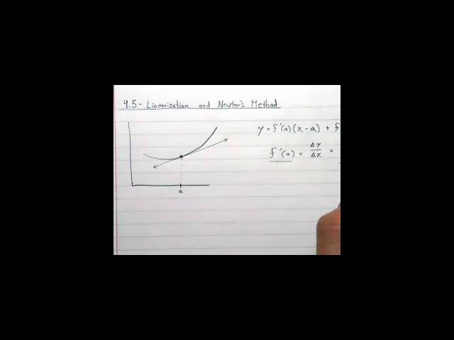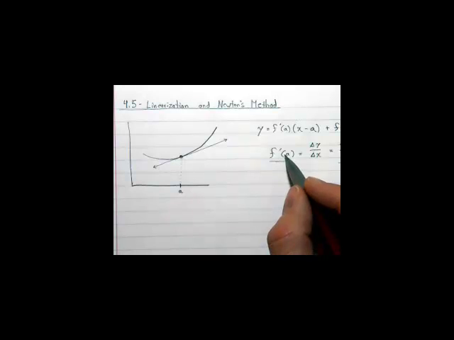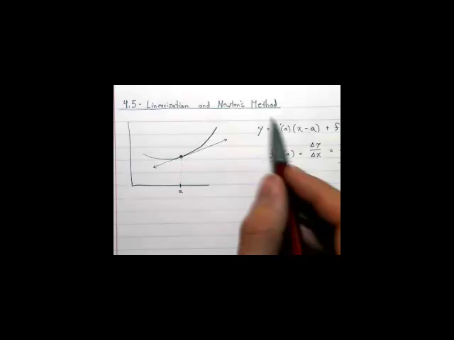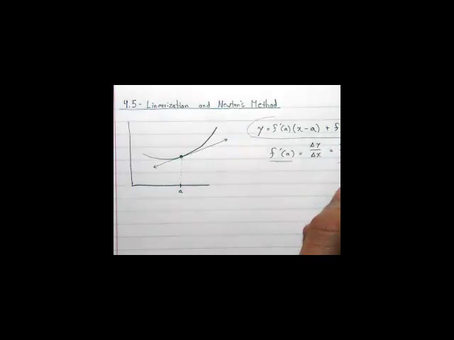I took this x minus A, multiplied it by this, and then added f of A onto the end, and ended up with this. So it's a bit of a formula for your tangent line, and you've gone through this process like I said.